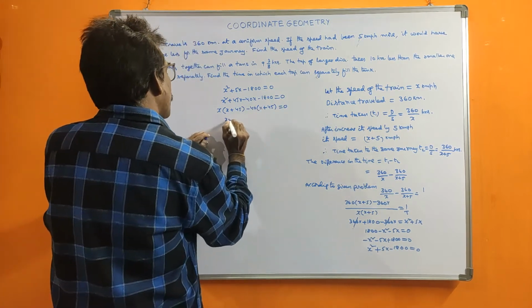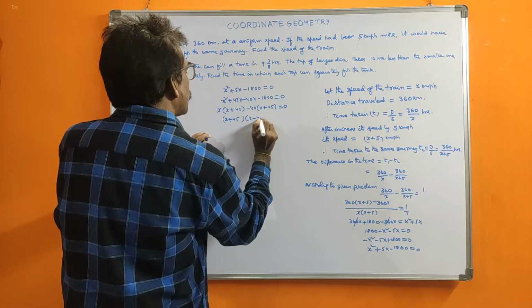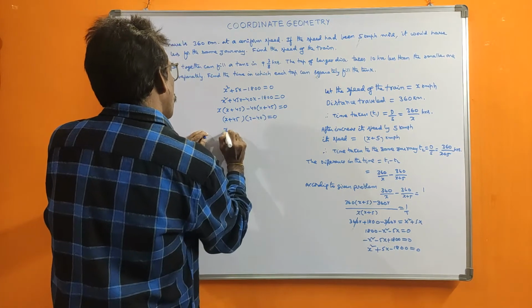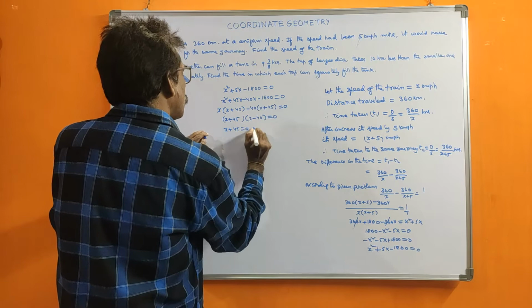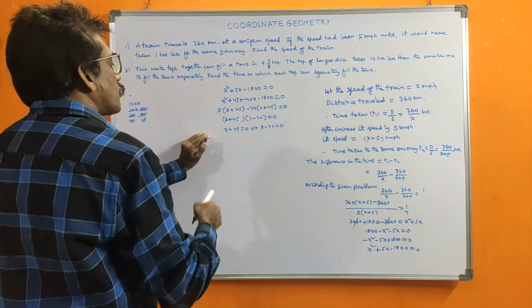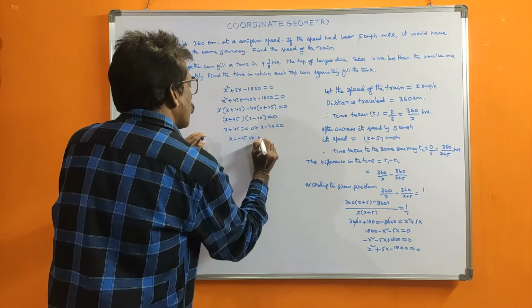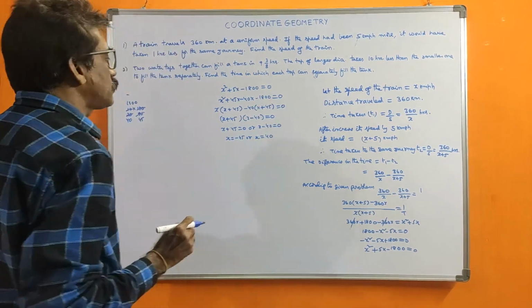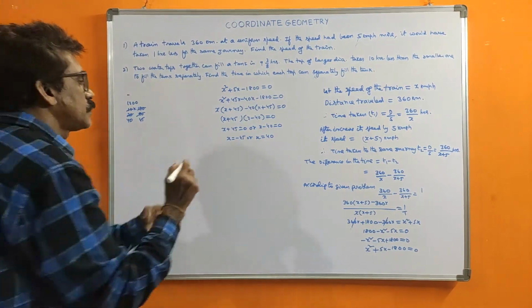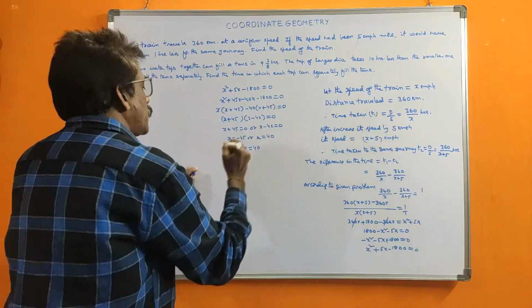So x plus 45 is common, into x minus 40, is equal to 0. Now x plus 45 is equal to 0 or x minus 40 is equal to 0, because the product is 0. So x is minus 45 or x is equal to plus 40. The negative value we should not take, that's why x is 40. X means the speed of the train.